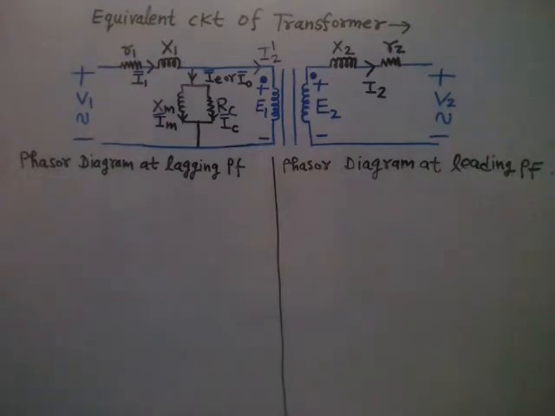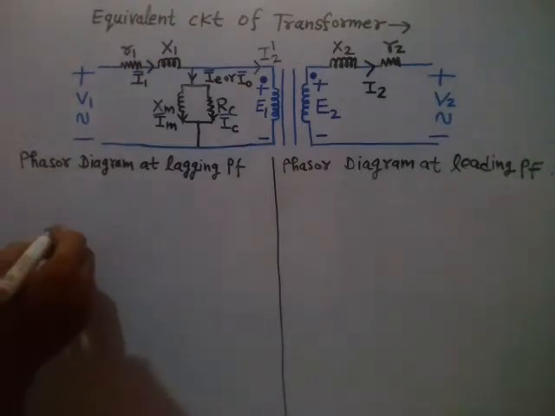Either it will be a lagging load, that means current I2 lags voltage V2, or it will be a leading load, that means current I2 leads voltage V2, or it will be a unity power factor load, that means V2 and I2 are in the same phase, right? In the fourth condition it may be a no load condition, where I2 will be almost 0, right?